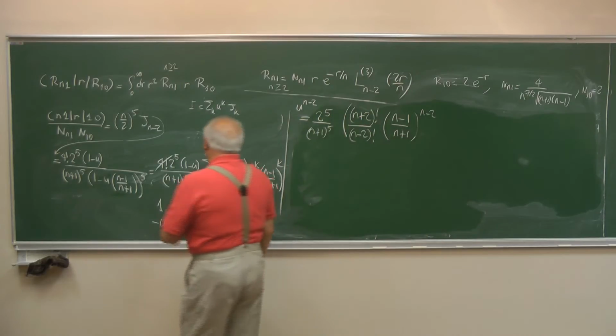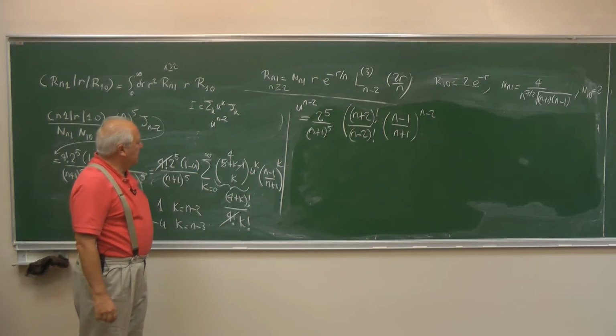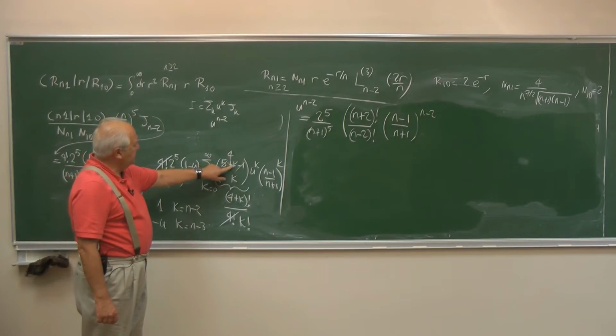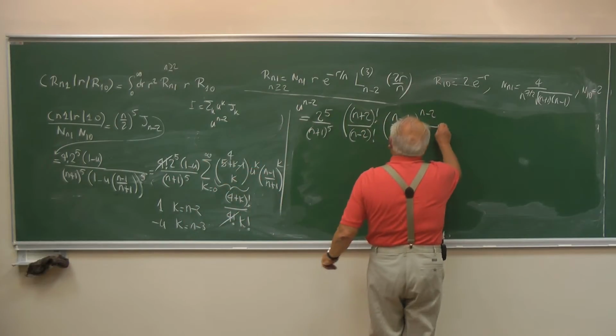Next, I am multiplying by minus u. So I will take one less power from here. That will be n minus 3. So if it's n minus 3, 4 plus n minus 3, so it is n plus 1 factorial. Sign is minus.